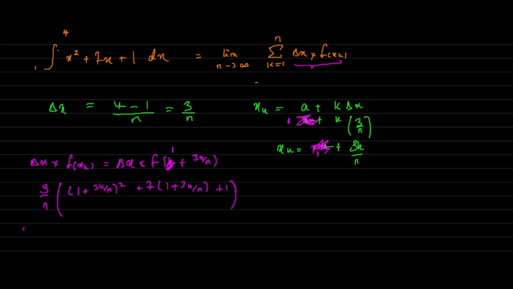So this gives you 3 over n times 9k squared over n squared plus 6k over n plus 1 plus 7 plus 21k over n plus 1, which further simplifies to 3 over n times 9k squared over n squared plus 27k over n plus 9.